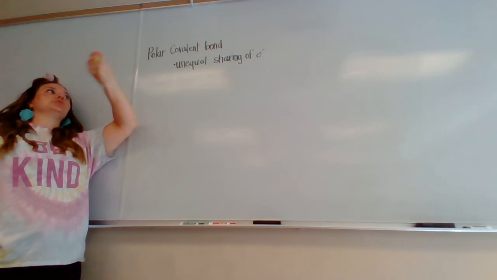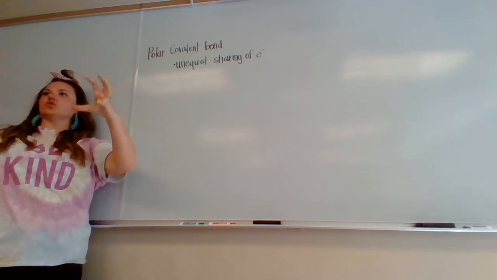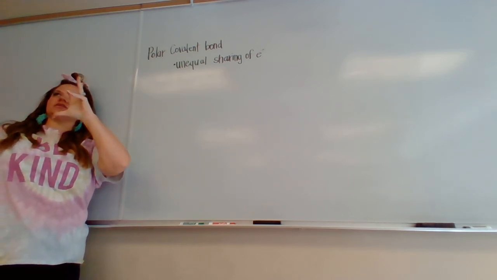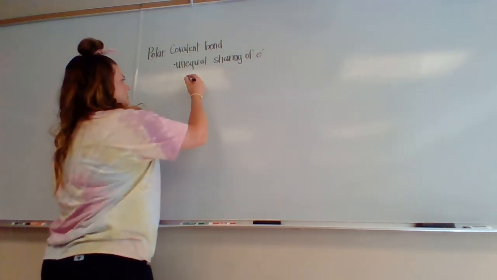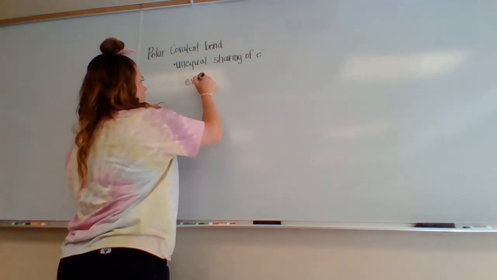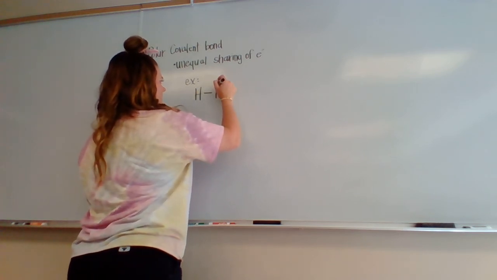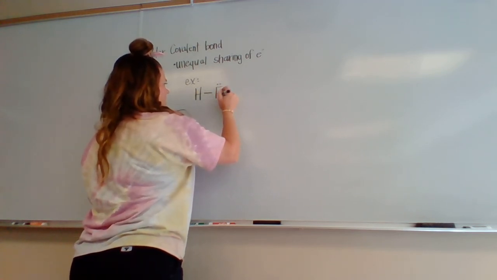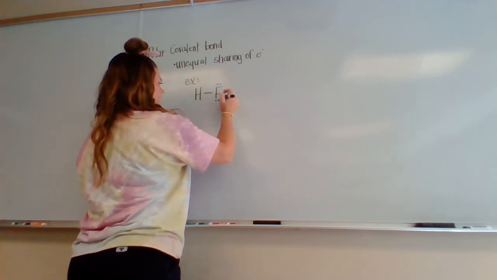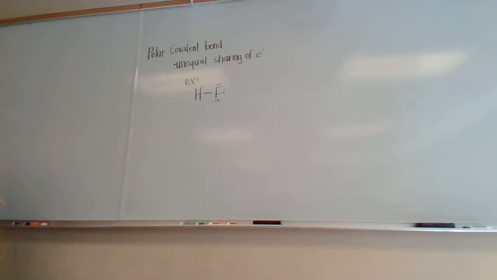Because of that, I'm creating two poles on that bond. So just an example, and I'll tell you how we know this in just a second: hydrogen fluoride, or if it was in water, hydrofluoric acid.